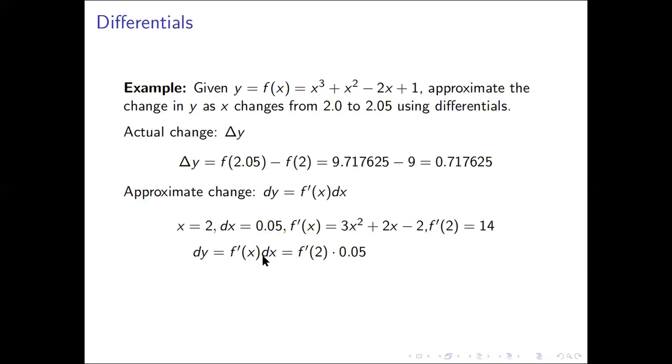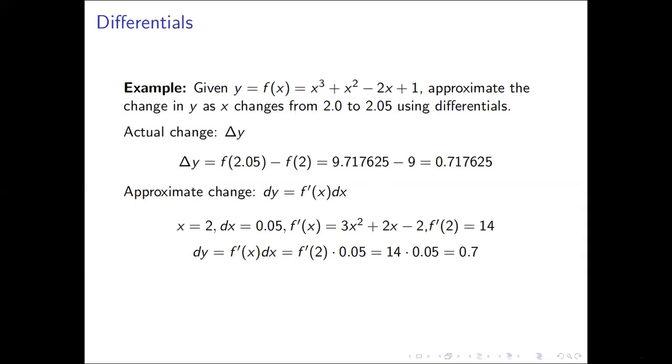So it's f prime of 2 times the change in x, 0.05. And f prime of 2 can be obtained by plugging 2 into the derivative f prime of x found here. So, of course, you differentiate f of x first to get f prime of 2. Once you get f prime of 2, then you multiply to the change in x, 0.05. That's 14 times 0.05, that's 0.7.